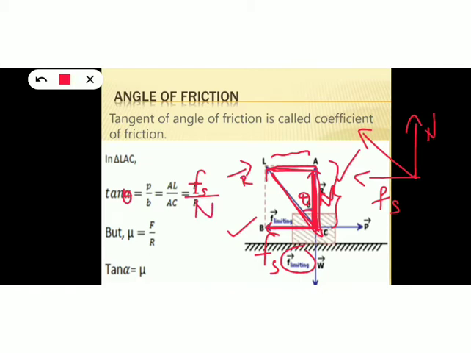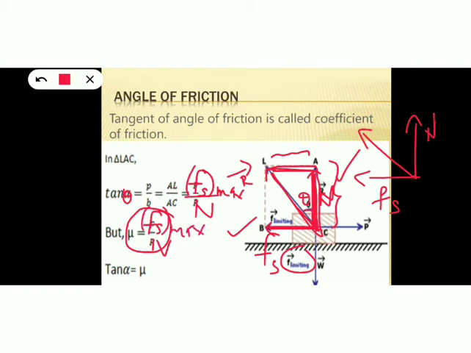So we got tan theta is equal to Fs by N, or we can write Fs maximum, or Fs limiting, by N. Next, we know that Fs maximum by N is nothing but our coefficient of friction mu. We have already studied that expression.